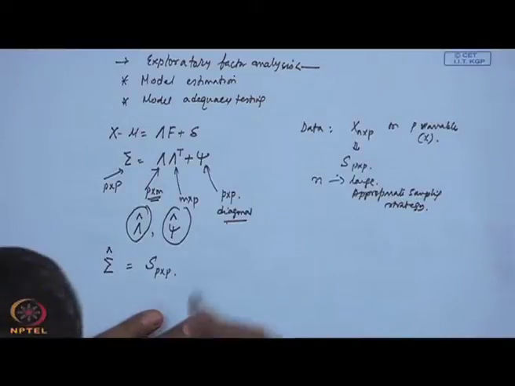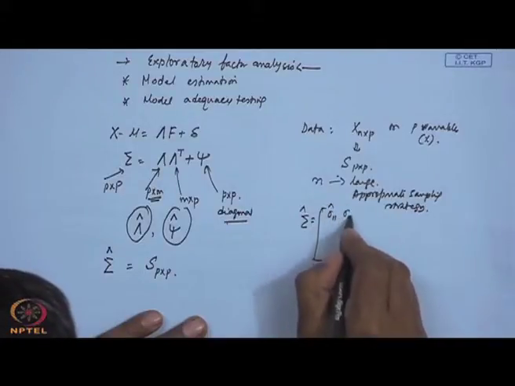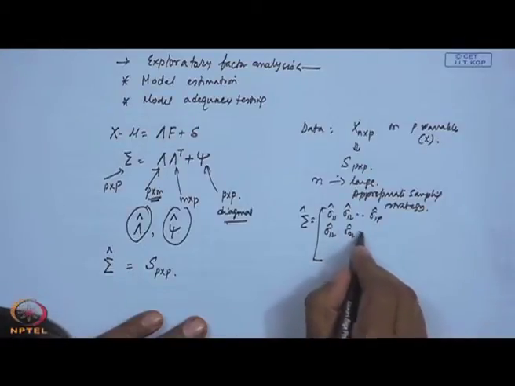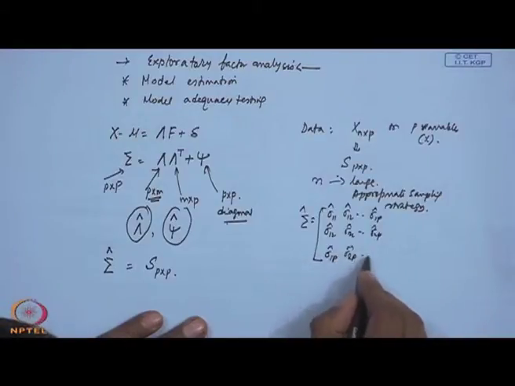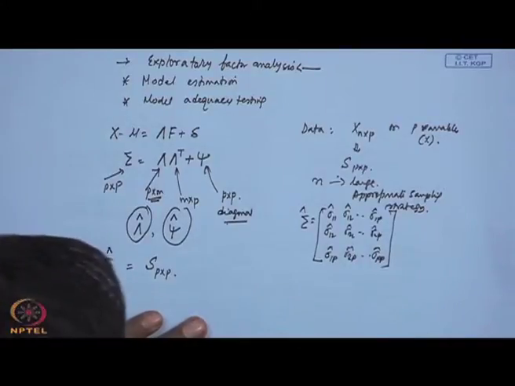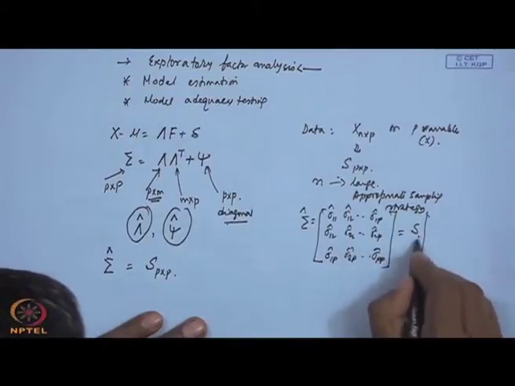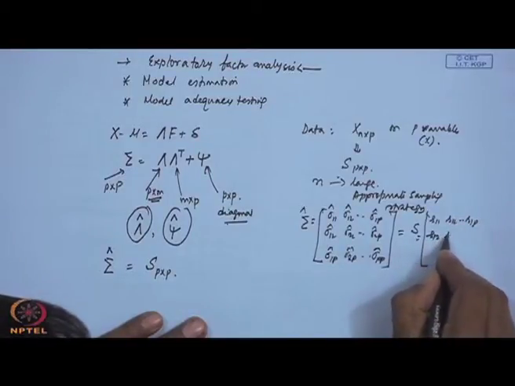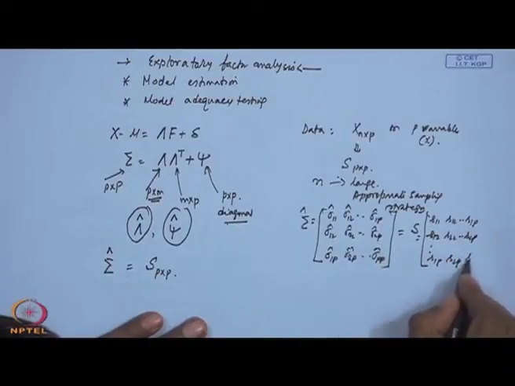then we can say that the sigma estimate, which is basically sigma 11, sigma 12, up to sigma 1p, sigma 12, sigma 22, sigma 2p, like this, sigma 1p, sigma 2p, sigma pp. These estimates are basically S, where S is S11, S12, S1p, S12, S22, S2p, like this, S1p, S2p, Spp.